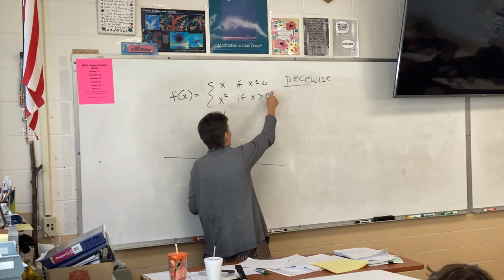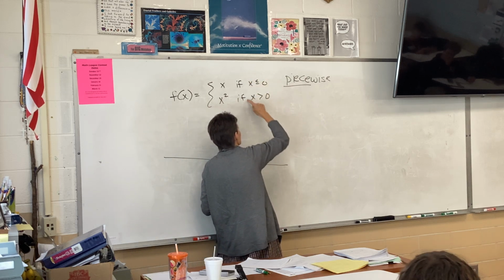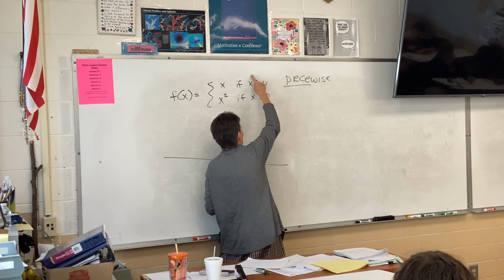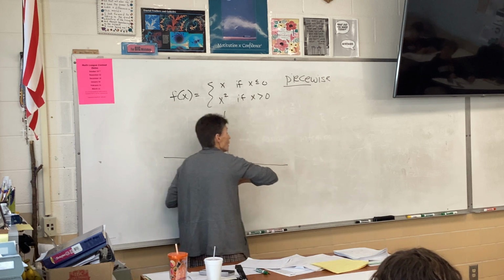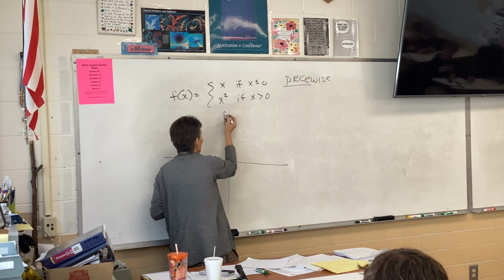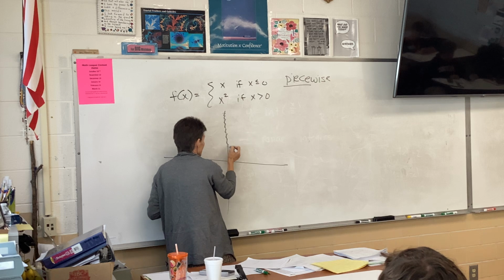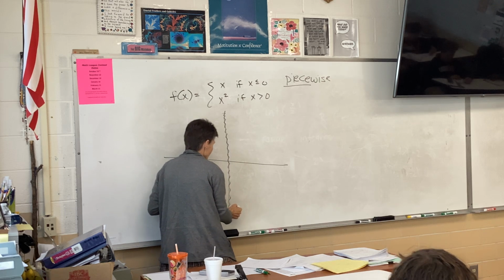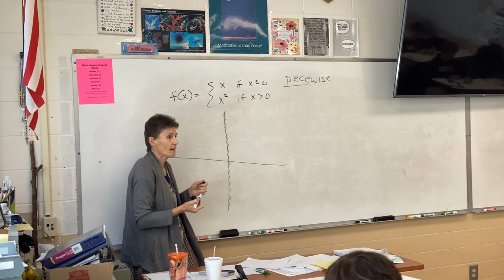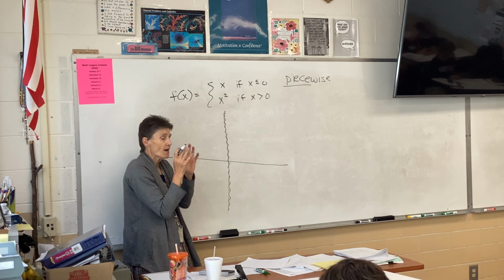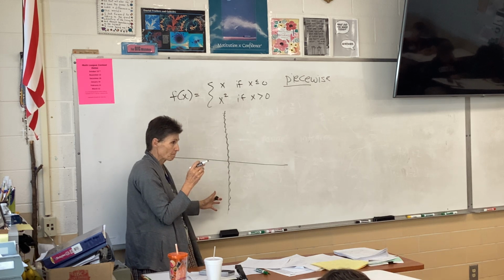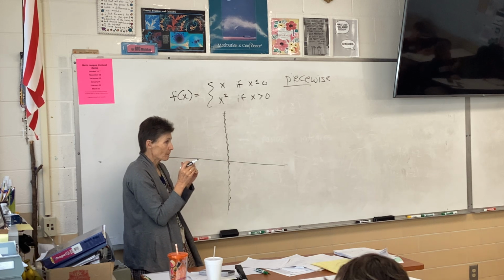And the break is going to happen right here. So first thing you need to do is look right here and say, okay, my graph is going to be broken at this point. Now I'm not drawing it as a line because it's not an asymptote. That is just my reminder that at 0, my graph is broken.